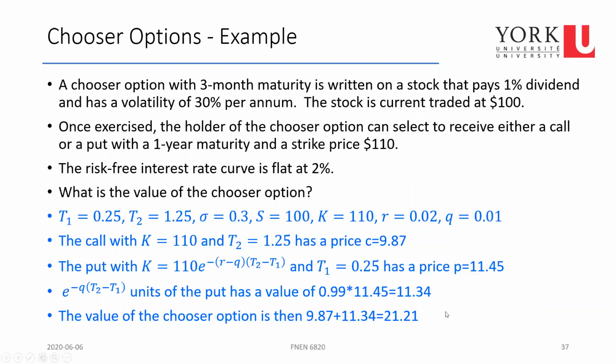When we put them together, it's this regular call plus this many units of the put, which gives us this sum here. So the chooser option itself is worth $21.21.